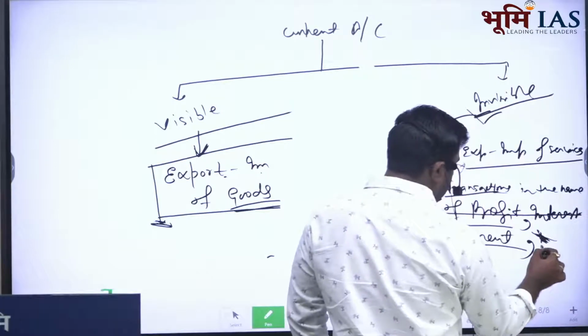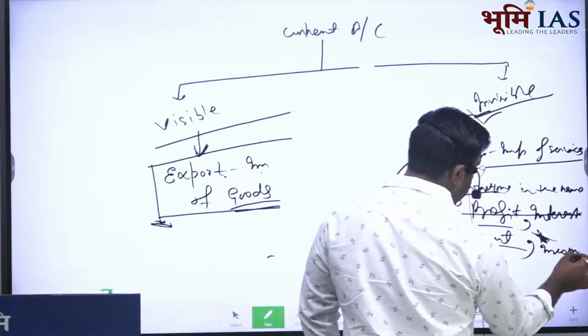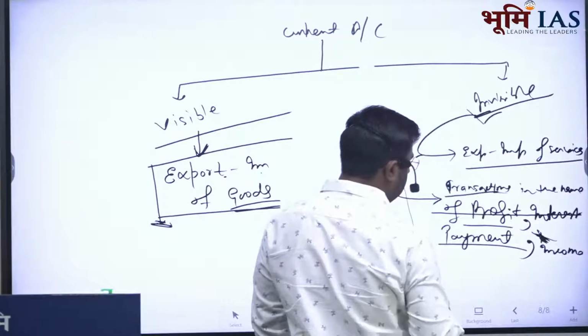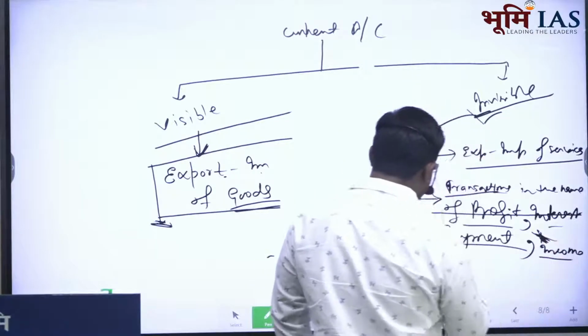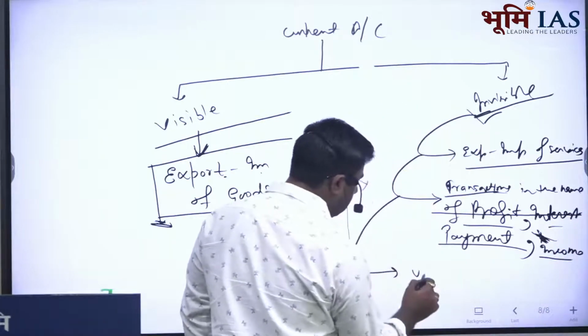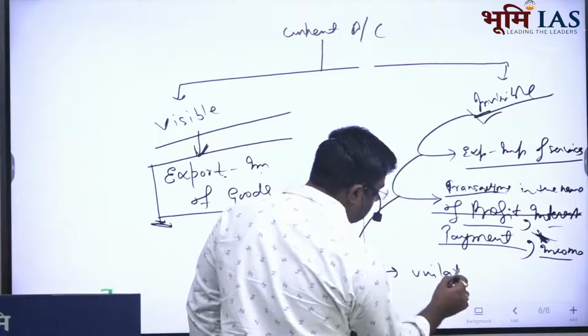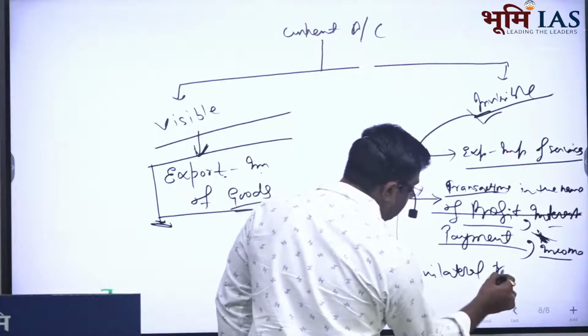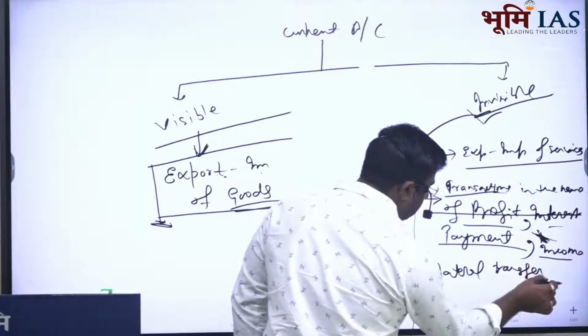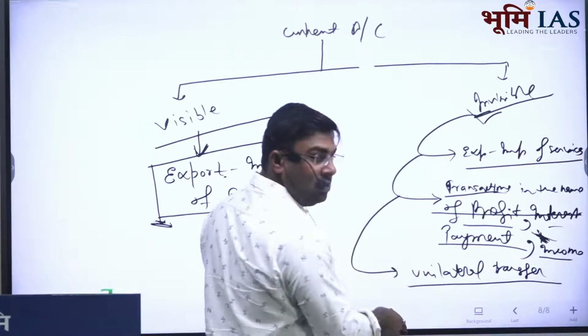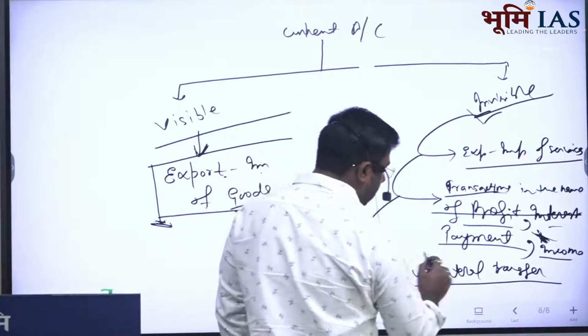Profit or income, and the third one is unilateral transfer. Is it visible to all of you? The last row, unilateral transfer.